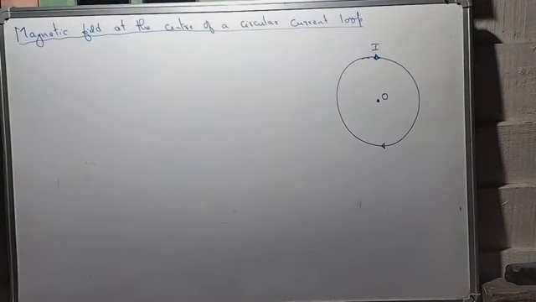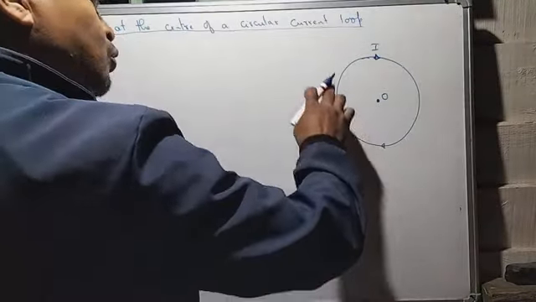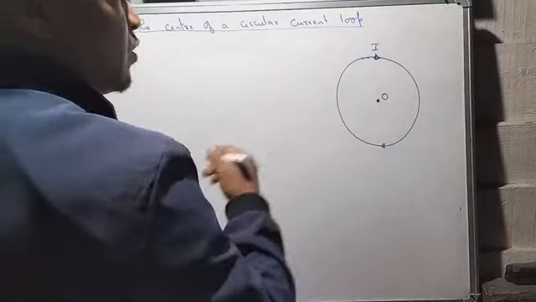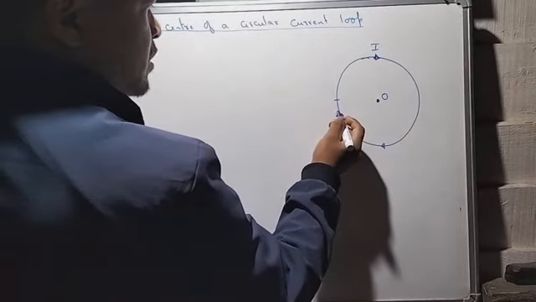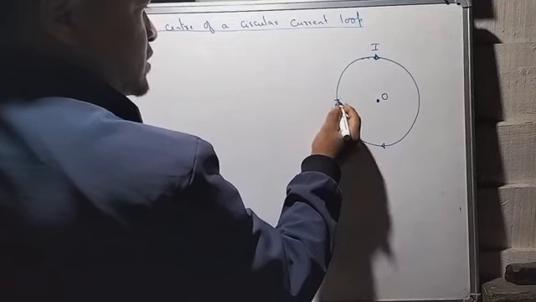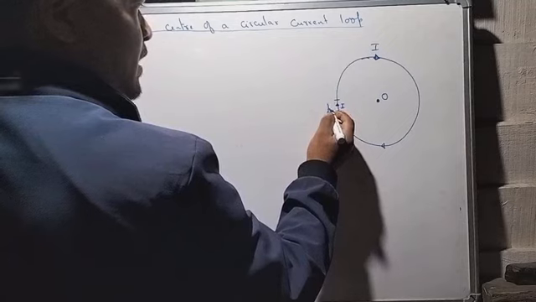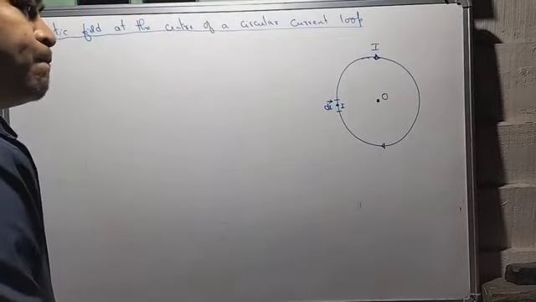So for that, I will divide this whole loop into small current elements. One such small current element is this one, where the current over this element is I, and this element, let's say, has a length dl.